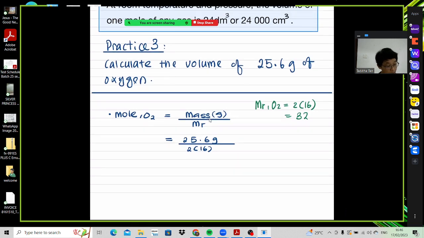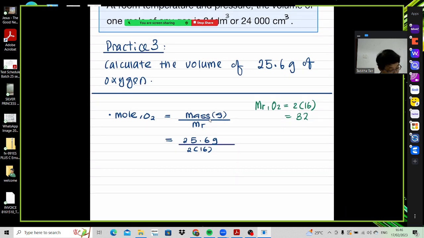Now let's get the mole. 25.6 divided by 32 gives us 0.8 mole. Now you have successfully converted gram into mole.